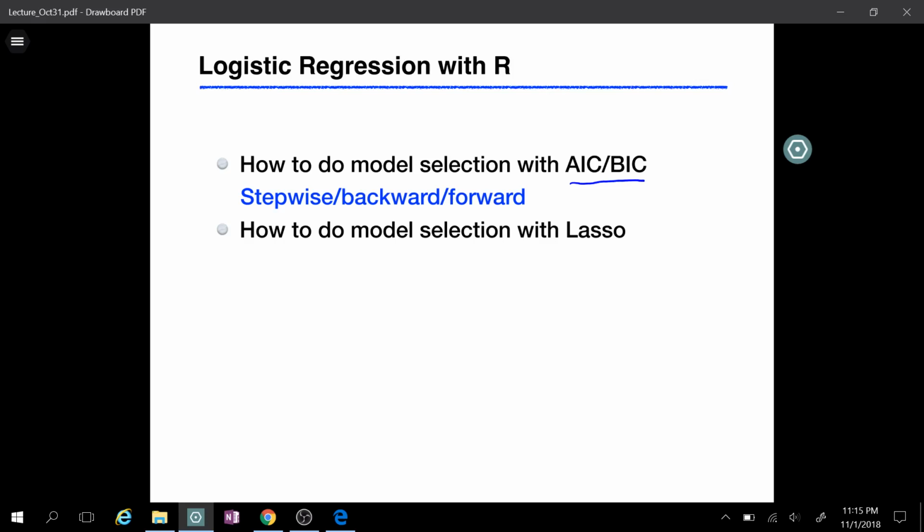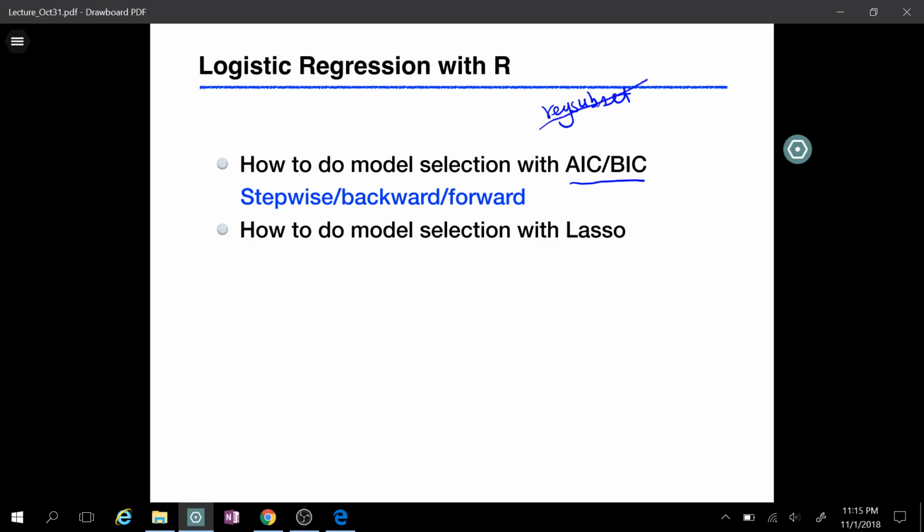In terms of the algorithm for AIC and BIC for logistic regression, it's impossible to go through all of the models, and we cannot use the leaps subset command because we're not dealing with L2 loss. So we have to use those greedy algorithms: stepwise, backward, or forward.